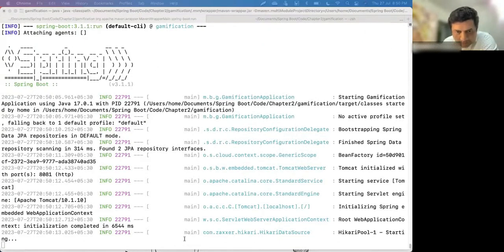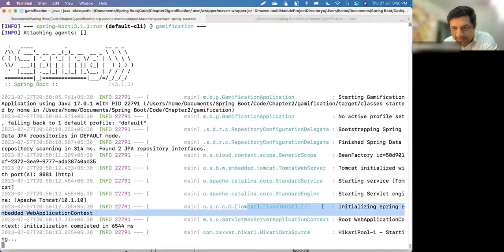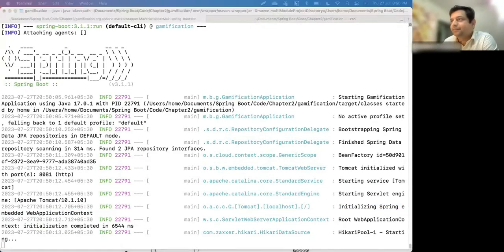So if I look into the details now, what is happening here, it is initializing the service, started the service. Right.